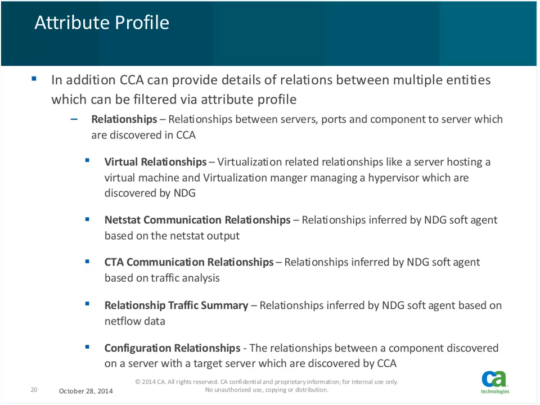Under relationships in CCA, we have different types of relationships: configuration relationships, virtual relationships, and netstart relationships. Whatever is required, we can select those types of relationships, and only those will be published. So these are all the filter options available in the attribute profile.